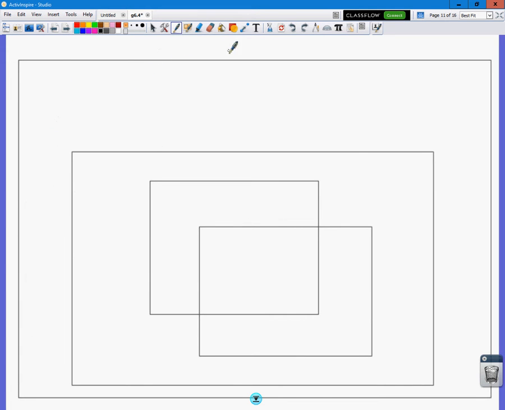So, here's what we have. We start out in this picture where everything that we've been talking about is a quadrilateral. In other words, it has what? 4 sides. There's all sorts of different quadrilaterals. I could be talking about a trapezoid.